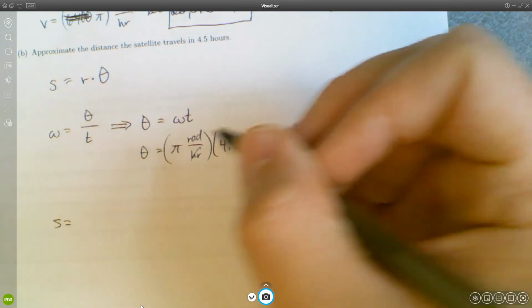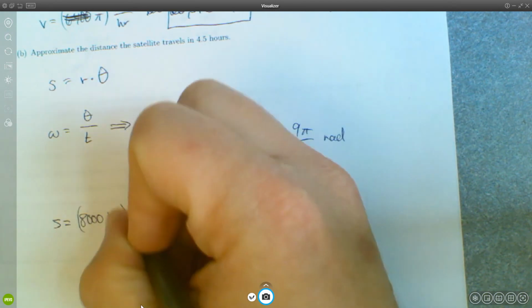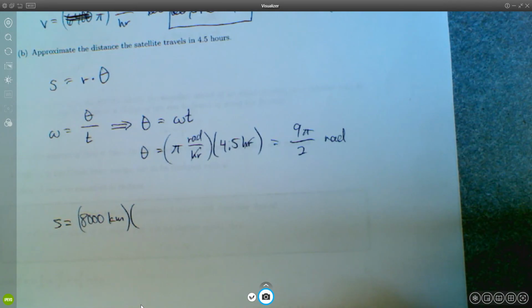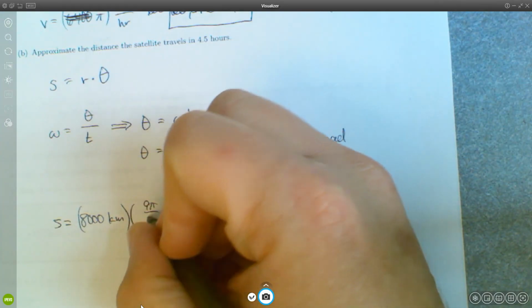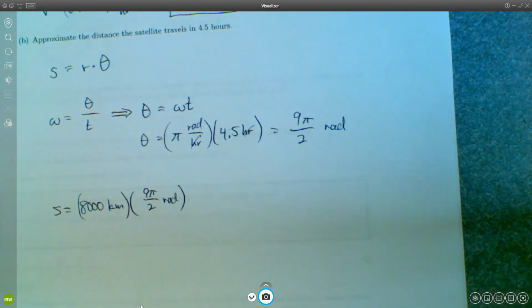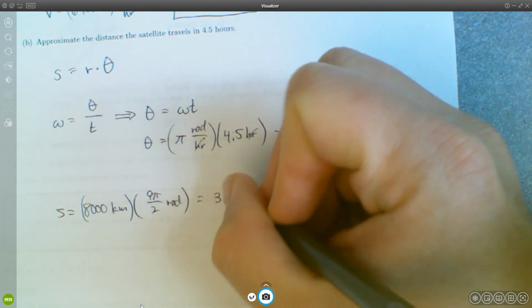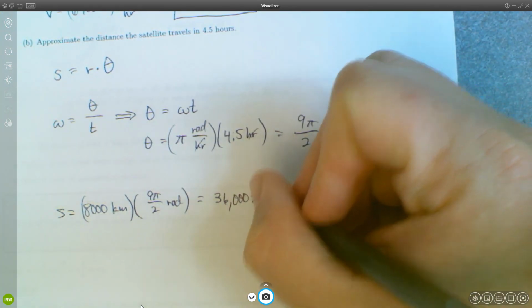So the distance traveled s is r, which we said was 8,000 kilometers, times theta. That's 9 pi over 2 radians. And remember, radians are just real numbers, so you don't even need to write the unit. Anyway, 8,000 times 9 pi over 2 is 36,000 pi kilometers.